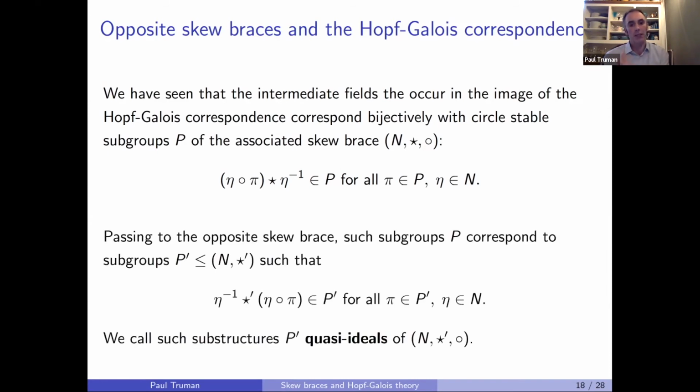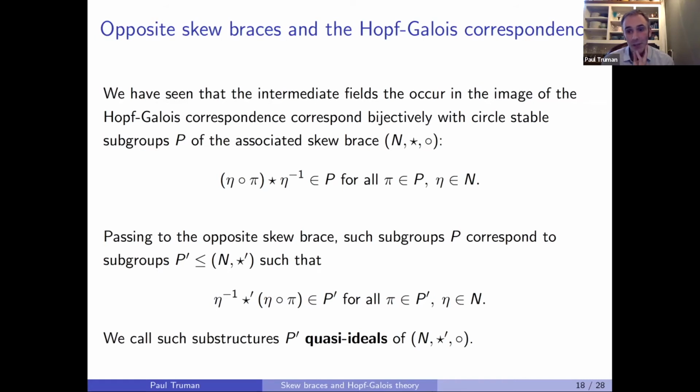But if you pass to the opposite skew brace, then a circle-stable subgroup, if you move over to the opposite skew brace, what you're asking for is this condition expressed at the bottom of the slide, and that looks much closer to something that was already known in the skew brace literature.